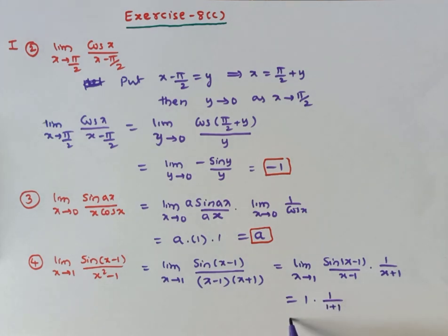So this is 1 by 2. Or here you can write, no problem, x minus 1 goes to 0 as x goes to 1. Finally it should be in the form of sin theta by theta, and theta always goes to 0. Then only we need to express that expression as 1.